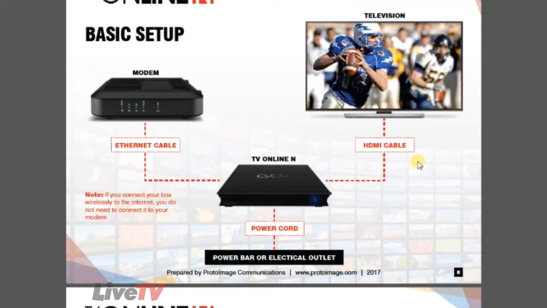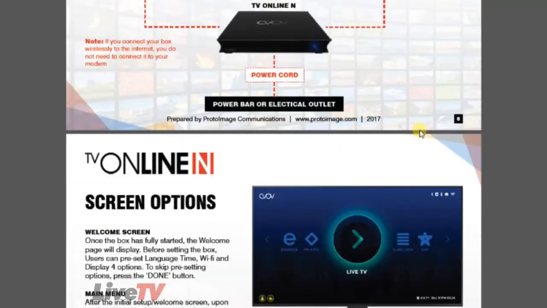The HDMI cable connects from your box to your TV, and of course the power supply cable goes to your power bar or the electrical outlet in some way, shape, or form, and connects directly to your box. We've also made a note here that if you're connecting your box wirelessly, then you don't need to connect it directly to your modem or your router. So that's just a quick note there.